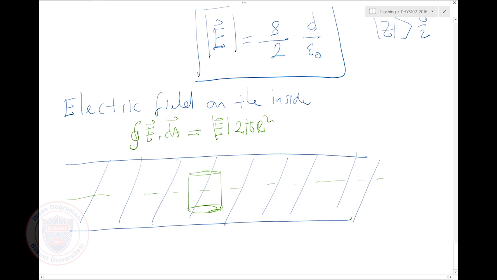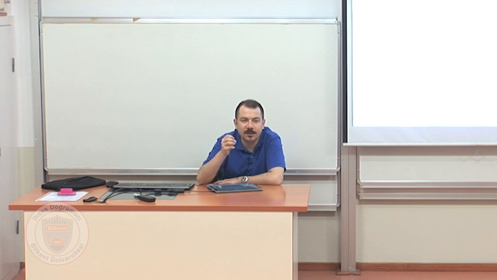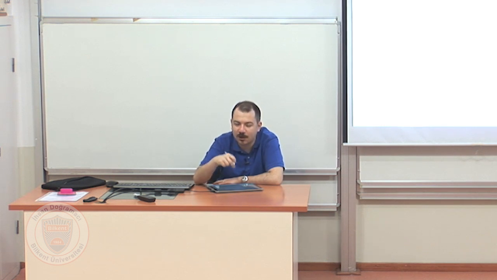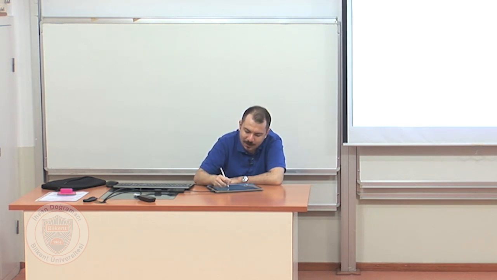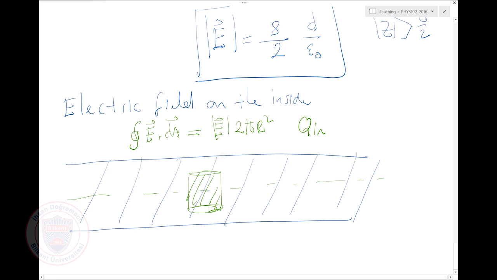What will change though? The total amount of charge within the Gauss surface will change. Why? Because now all of my Gauss surface is filled with charge density rho. So this is going to be pi r squared times not d, but 2z, times rho.